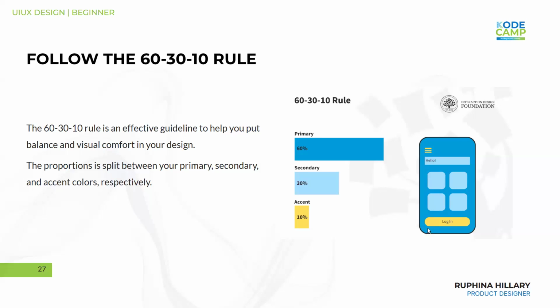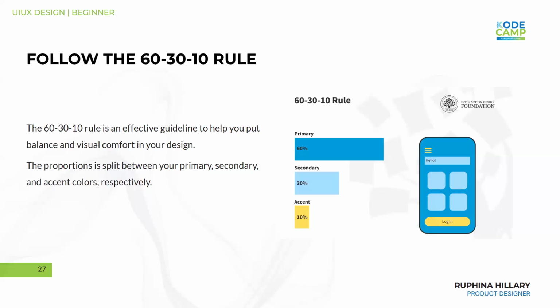So there's a ratio. It keeps things consistent. Remember, the 60% is for your primary color. It's your primary color for a reason. It's the color that you want to stand out the most. So we are giving it the most ratio, 60%. Secondary, we're giving 30% and accent color 10%.